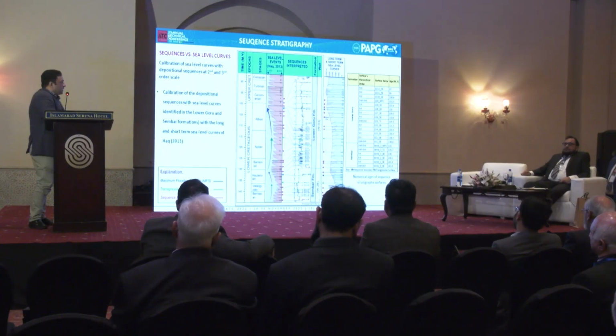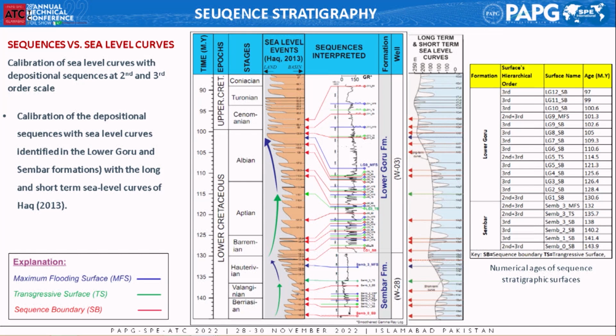However, about the Lower Guru formation, this one is the LG1 sequence boundary, which marks the base of the Lower Guru, and this one is the LG12 sequence boundary. So between these two sequence boundaries, there are 1.5 cycles of the second order.